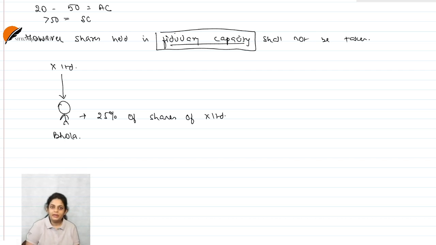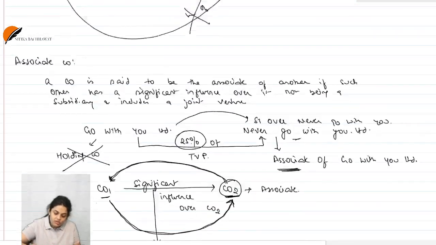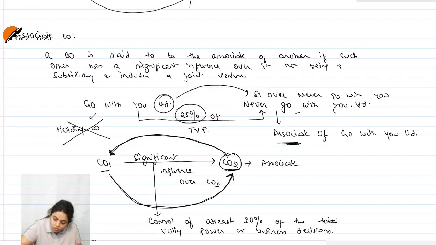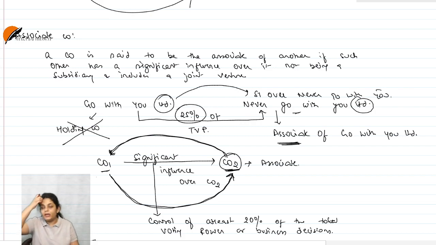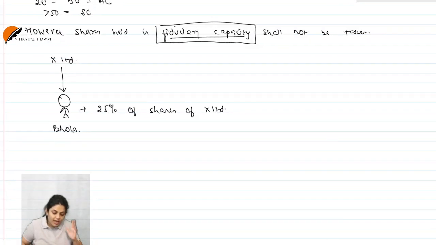Can I say X Limited is the associate of Mr. Bhola? For those who have got the answer as yes, no. Because associate is only between two companies. Here, Bhola is an individual, not a company. No, it's not associate.